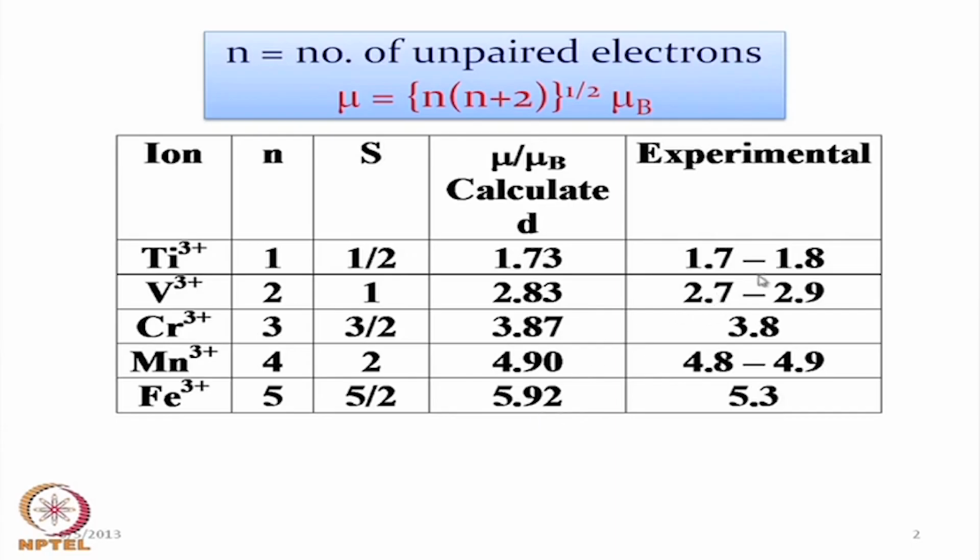And when we determine these values experimentally, we find that in the case of titanium in the trivalent state, that is titanium 3 plus, the magnetic moment is very close to the theoretically predicted value. That means the experimental magnetic moment is equal or nearly equal to the theoretically predicted spin only values.